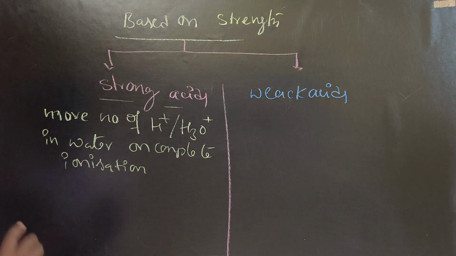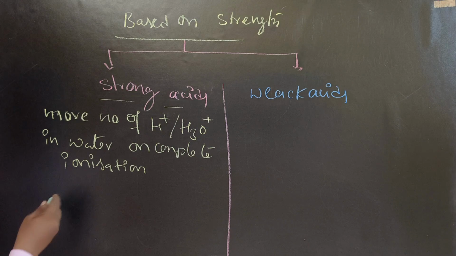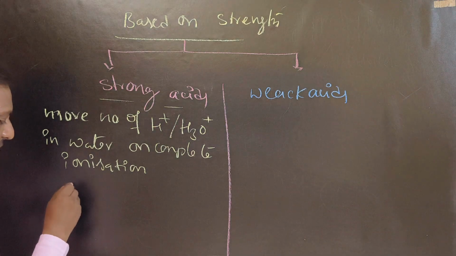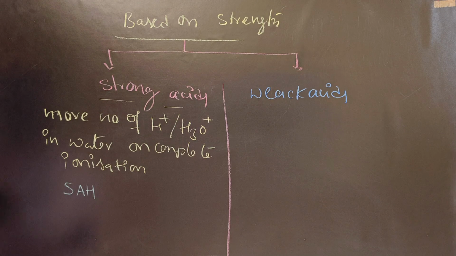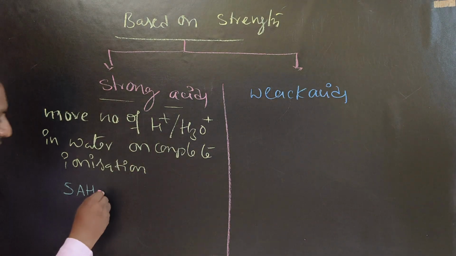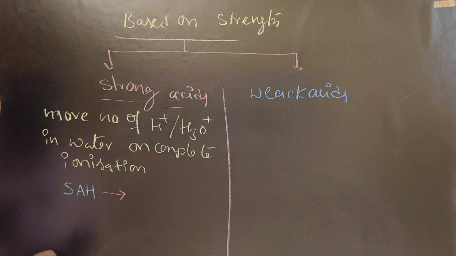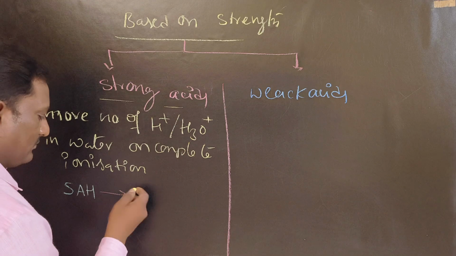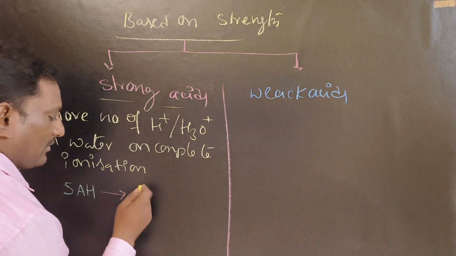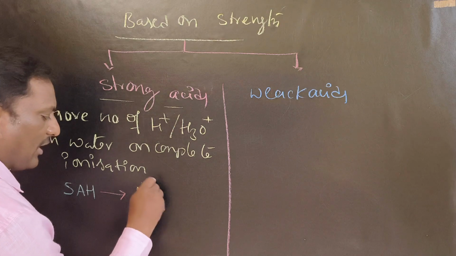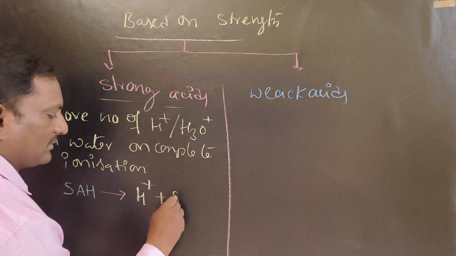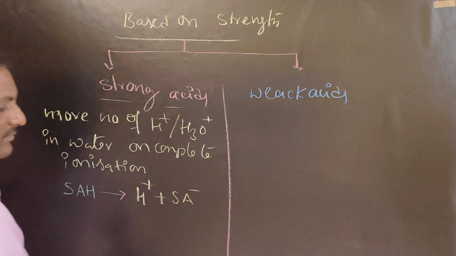Example. Let us take the general formula first of all. Let us assume this is the symbolic representation of a strong acid. When the strong acid is dropped in water, it splits up into H plus ion or hydronium ion along with a negative ion.